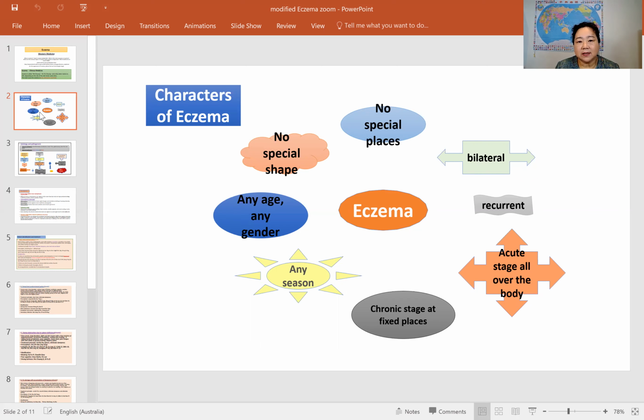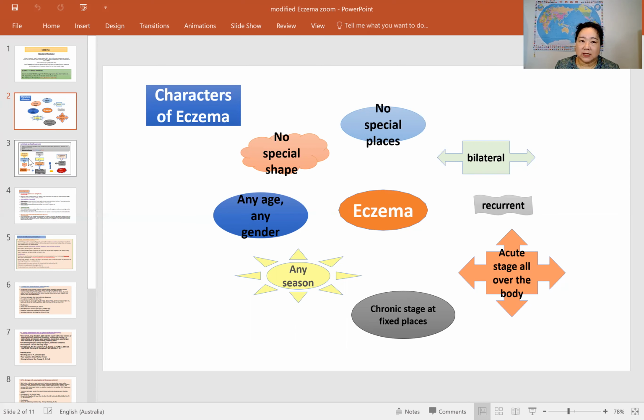It's recurrent. It happens in any season. At the acute stage, you can see eczema all over the body. At the chronic stage, the eczema stays at fixed places. That's the character of eczema.